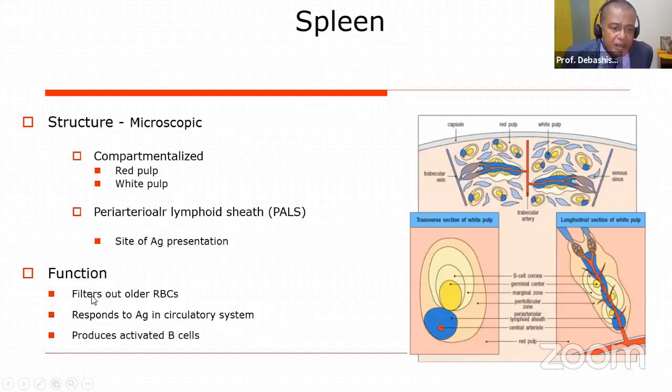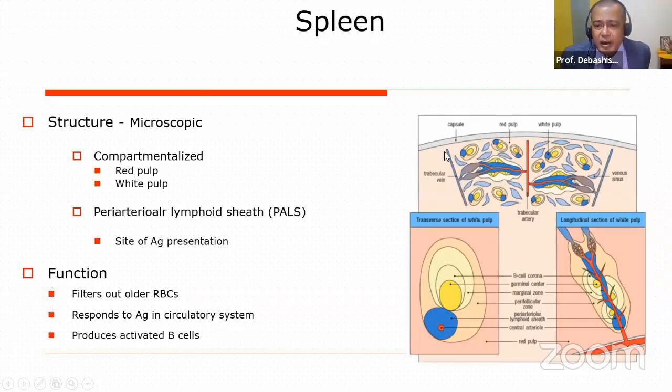The spleen filters out older RBCs, responds to antigen in the circulatory system, and produces activated B cells. So we have the capsule, and we have the white pulp which also has the venous sinuses here. You can see the trabecular artery and the trabecular vein here.